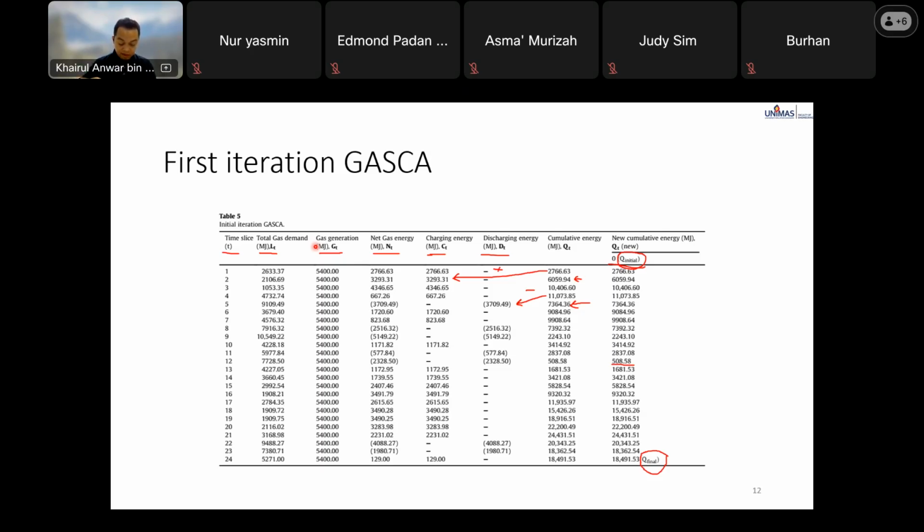For a time-based biogas storage, Q final and Q initial should be the same. If Q final is more than Q initial, it means the AD is oversized. On the other hand, it is undersized.